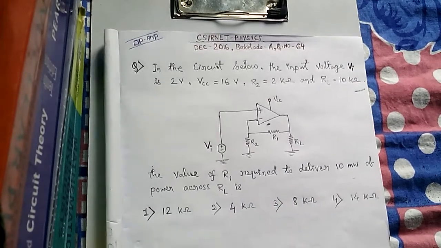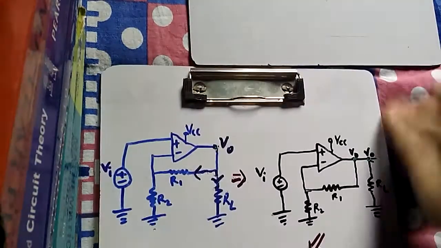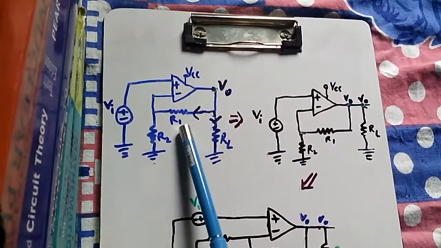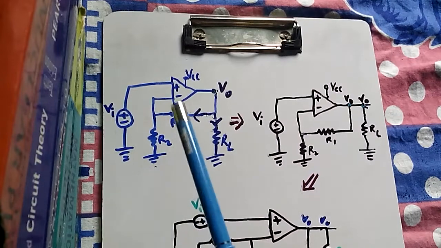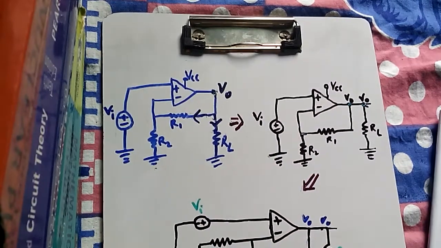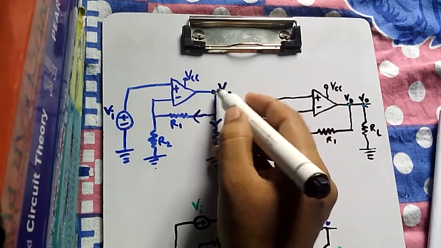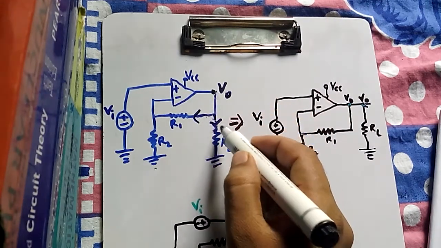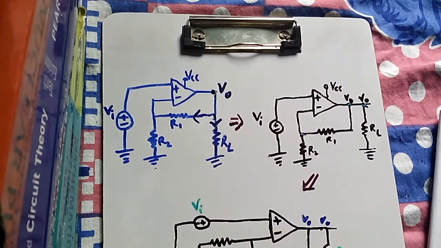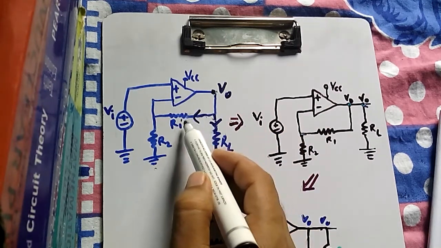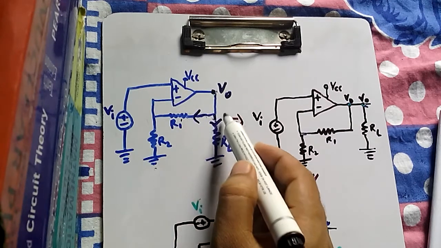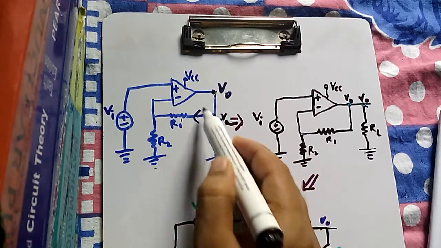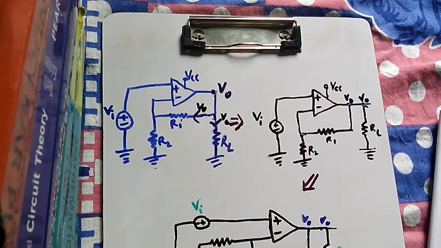For this I have already drawn the circuit on my board. So here is the circuit. This is the circuit that has been given in our problem, and finally there would be an output V0, and this output would be going to RL and R1 as well. The same voltage V0 is at this point also, and at this point also, because these are in parallel.